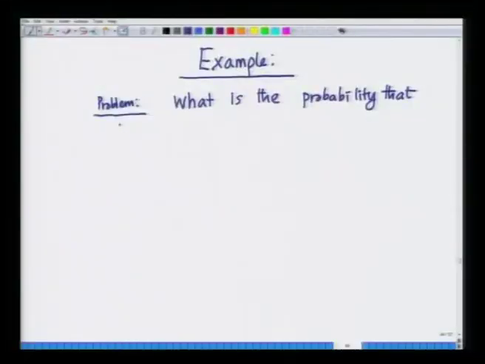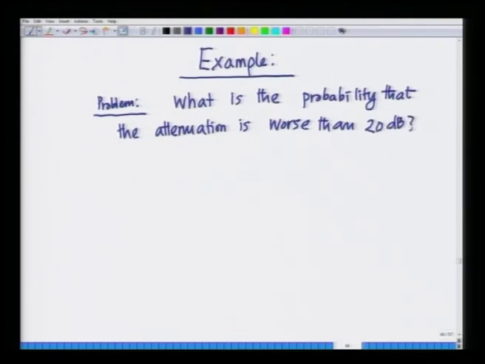So, what is the probability that the overall power attenuation is worse than 20 dB? Let us consider this simple example.